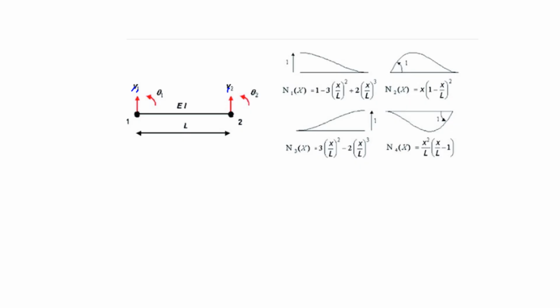Now n1 is in terms of 1 minus 3 into (x by l) whole square plus 2 into (x by l) whole cube. How this n1 varies along the length of the beam is shown in figure 1. It shows how the shape function n1 varies by varying its x value, x from 0 to l, with the maximum at node 1 side.